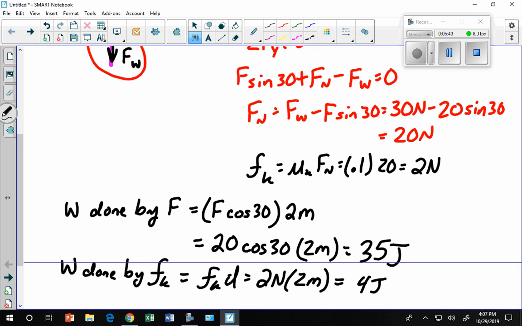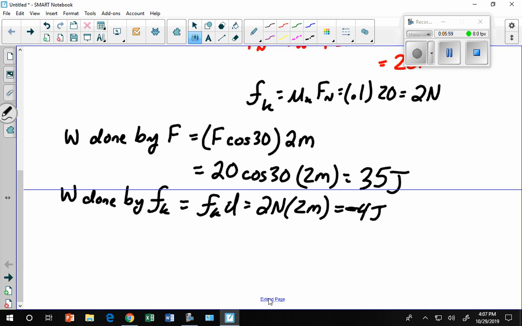But is it positive or negative? It's negative. So I'm going to put a negative on there just because frictional forces do negative work. And that force is opposite the displacement. Really what I'm doing there is a cosine of 180. I didn't write that in there, but really I'm doing 2 newtons times 2 meters times cosine of 180. And that cosine of 180 is negative 1.